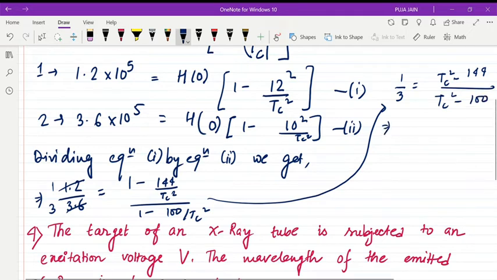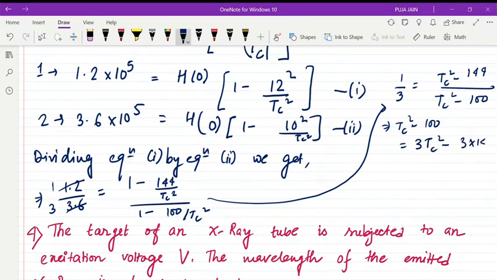So Tc square minus 100 equals 3 Tc square minus 3 into 144. So 3 Tc square, this will come here, so 2 Tc square equals 3 into 144 minus 100. So 3 into 144 minus 100, we will get 332.